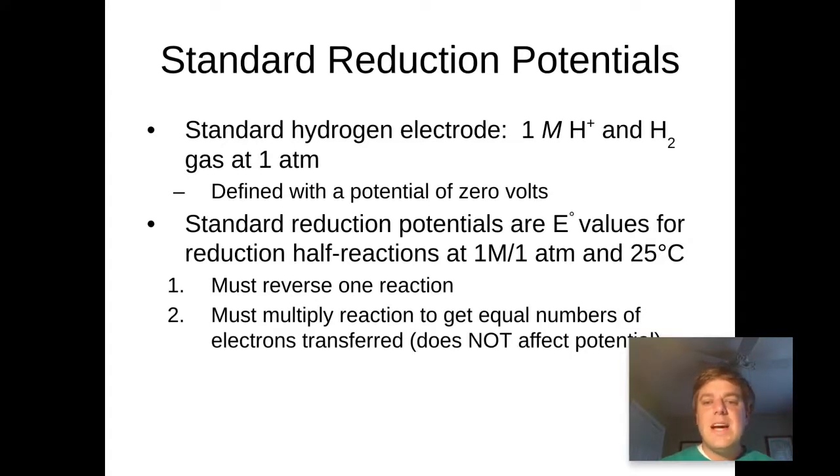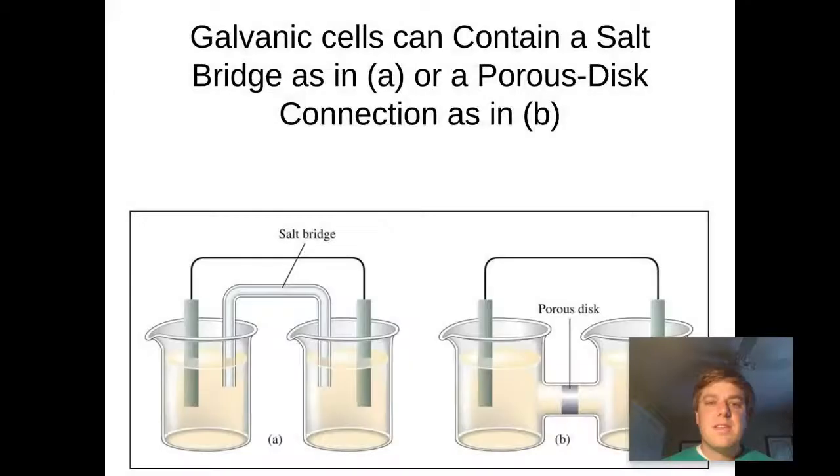And you also have to multiply the half reactions by some integer values so that when you add them together, your electrons cancel out. Now, if you double a half reaction, it does not change its cell potential. You're just changing the number of electrons that are involved, right?